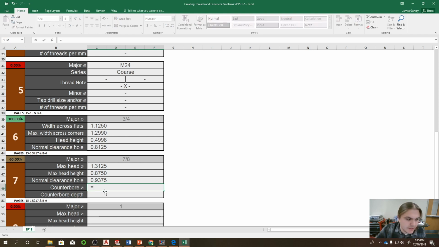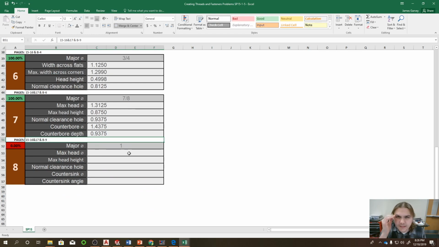Our D1 is our head diameter plus 0.125. And then the depth is CH, which equals our head height plus 1/16, so plus 0.0625.